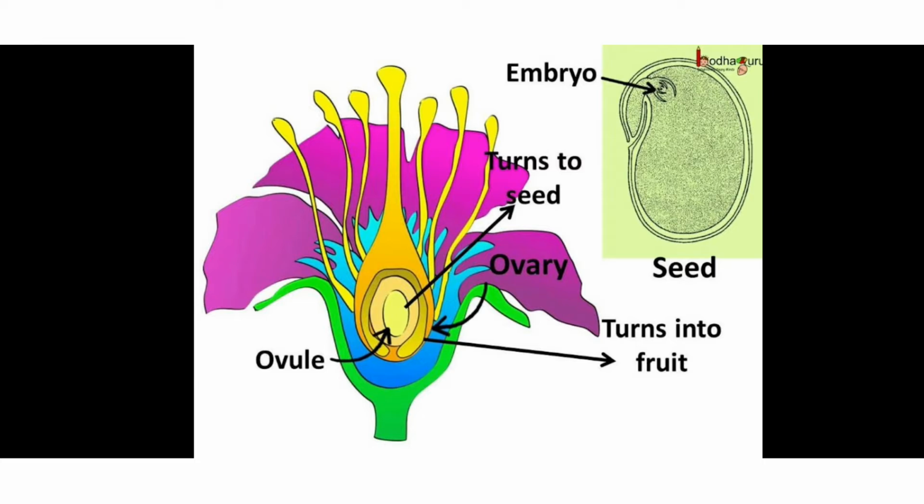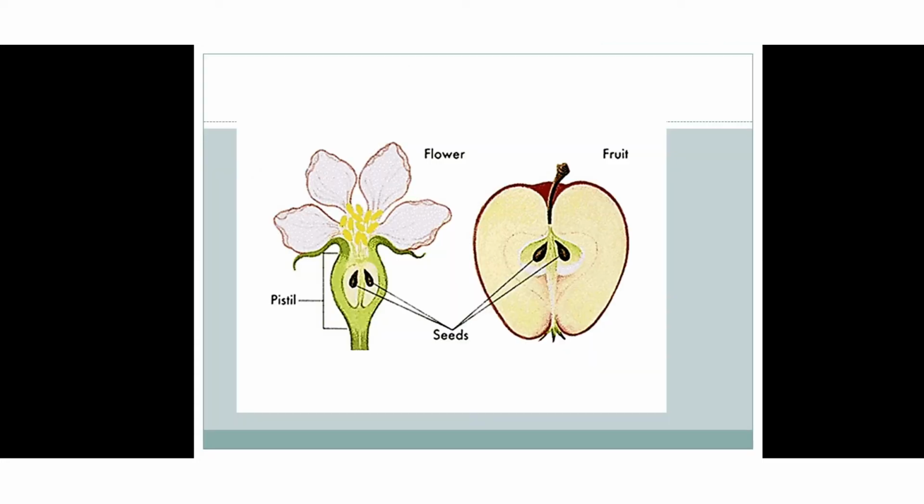See the picture, it is clear that the fertilized ovule is converted as seed and the wall of carpel, that is the ovary, is converted as the fruit. Understood? When these ovules are fertilized and developed as a seed, these seeds should be dispersed.